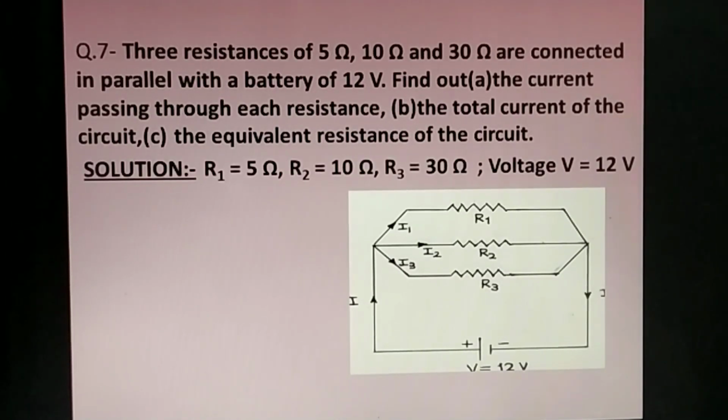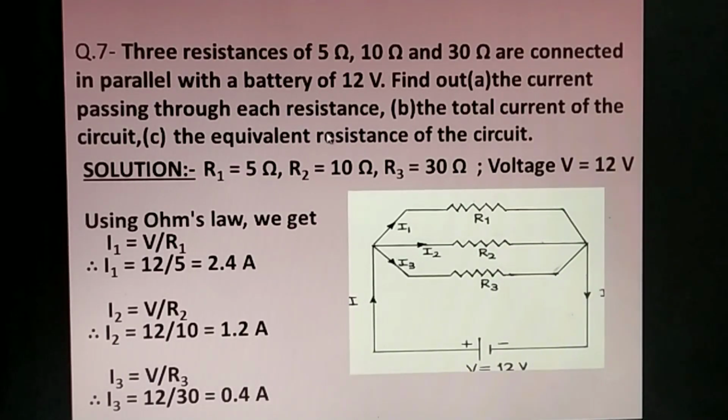So first we will write all the values here. That is R1 is equals to 5 ohm, R2 is equals to 10 ohm, R3 is equals to 30 ohm. Voltage is given, potential difference that is 12 volt is given. Then first what you have to find out, the current. So according to the Ohm's law, I1 is equals to V upon R1. So I1 will be, put the value for V हमेशा common रहता है, मैंने आपको पहले भी बताया था for the parallel combinations.